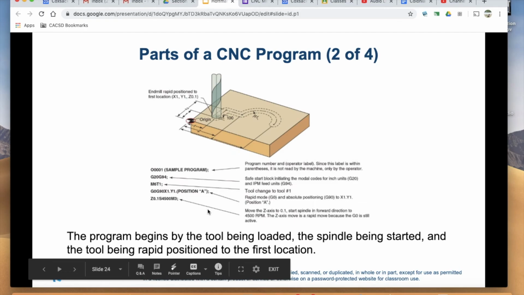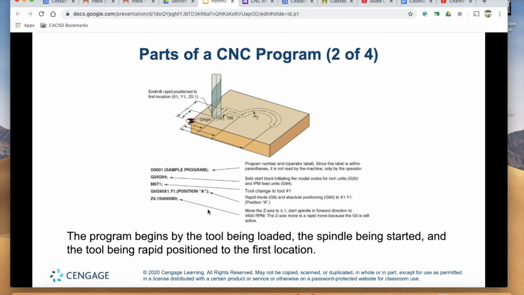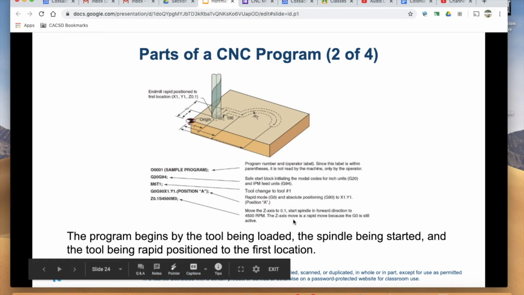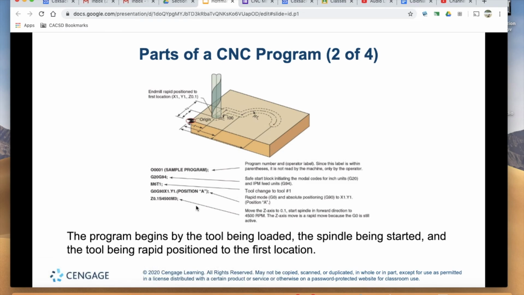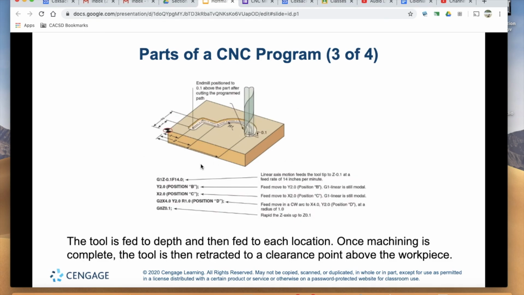And then we're going to move the Z-axis down to 100 thousandths of an inch above the part. The spindle is going to turn on at 4,500 RPM. This is going to be how we're going to start most every CNC program.